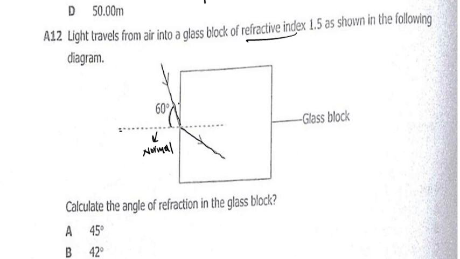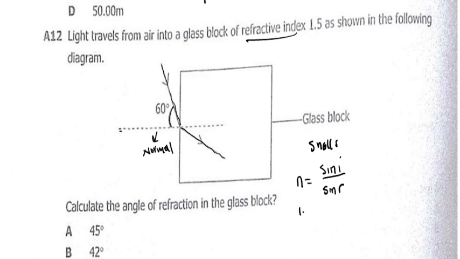We can use a law that we call Snell's law. Snell's law states that the refractive index is equal to the sine of the angle of incidence over the sine of the angle of refraction.